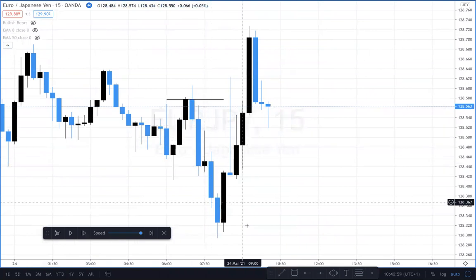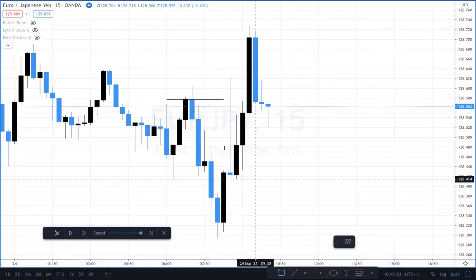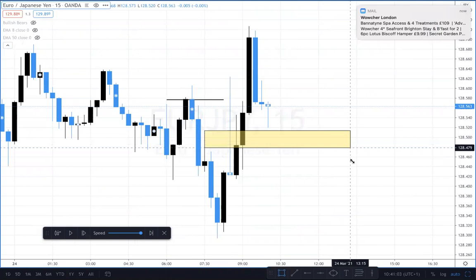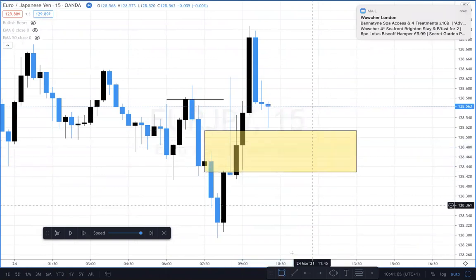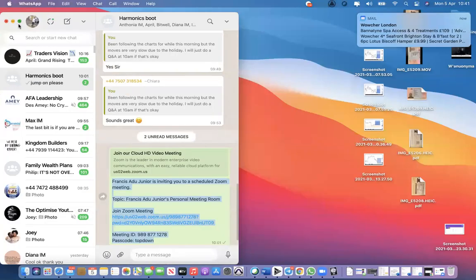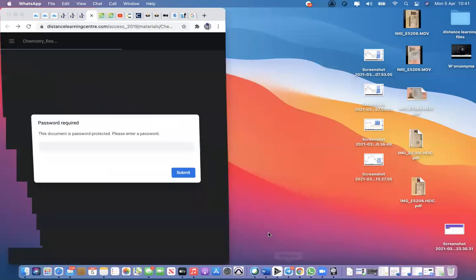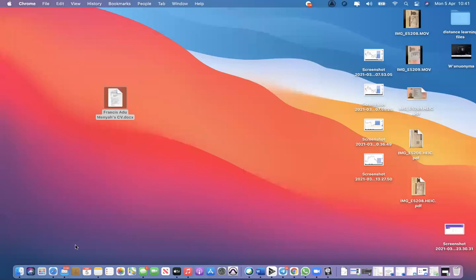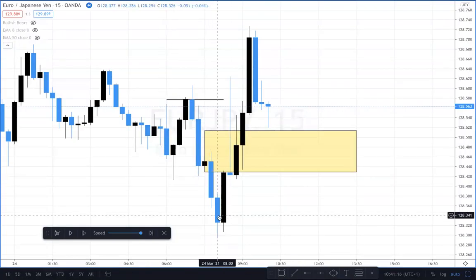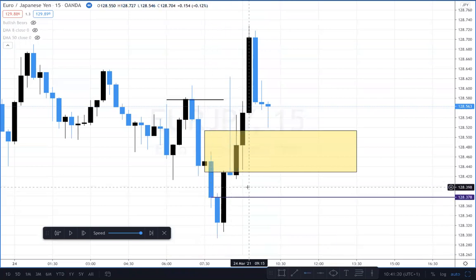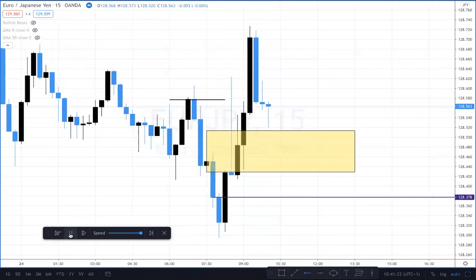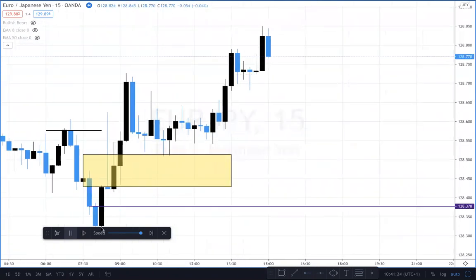I can either play off this area or, oh, come on, or this area. Now let's have a look. There we go.